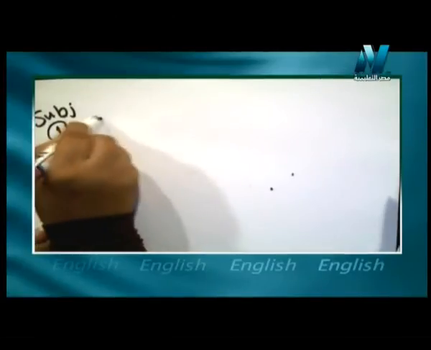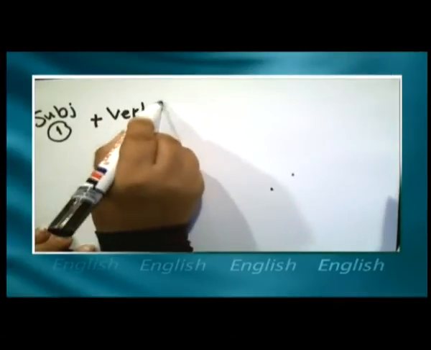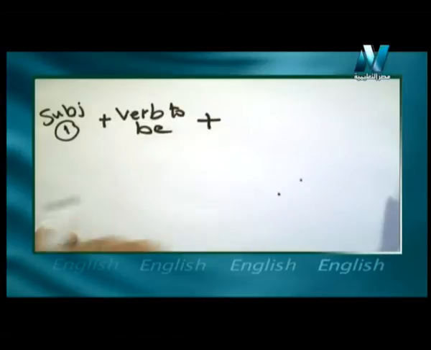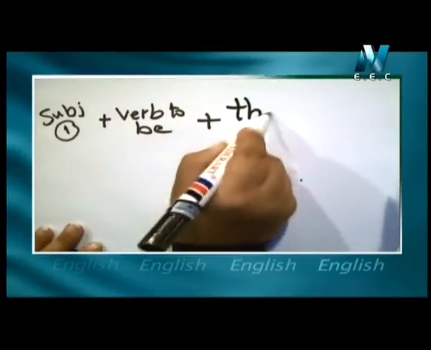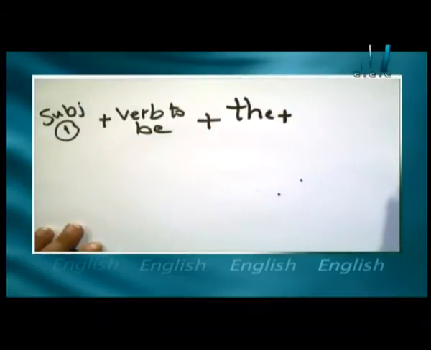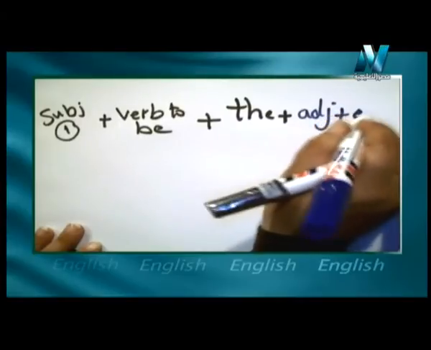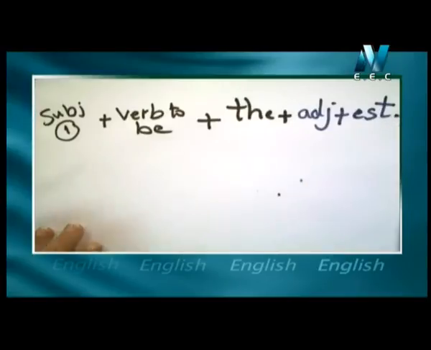So let's have the form. It's subject number 1, verb to be. The subject, verb to be, the, and then the adjective plus est, and then the rest of the sentence.